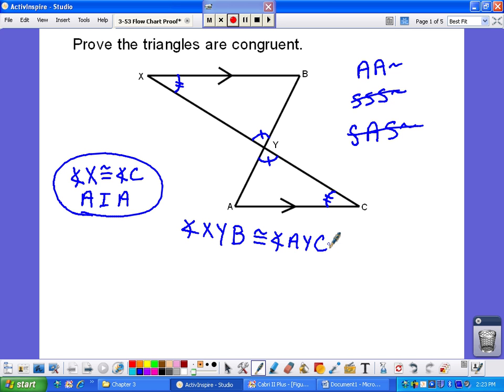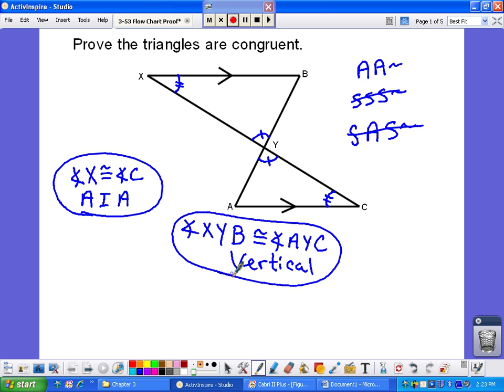The reason those are the same is because they are vertical angles. Each time you make a statement, you have to say why you know that statement is true. So I know why the statement is true here and there. Therefore, I know that the triangles are similar.